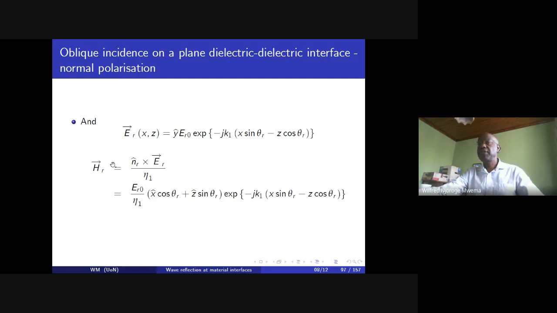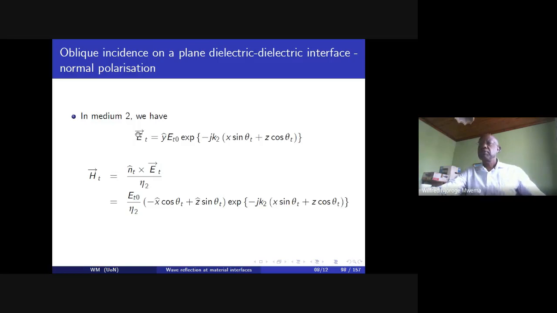Remember, always try to get H_R in these terms. You will never go wrong, because once you have fixed the direction of E_R, the direction of H_R will be fixed by that equation there. Don't try to deduce it, but just compute it that way. You will never go wrong.